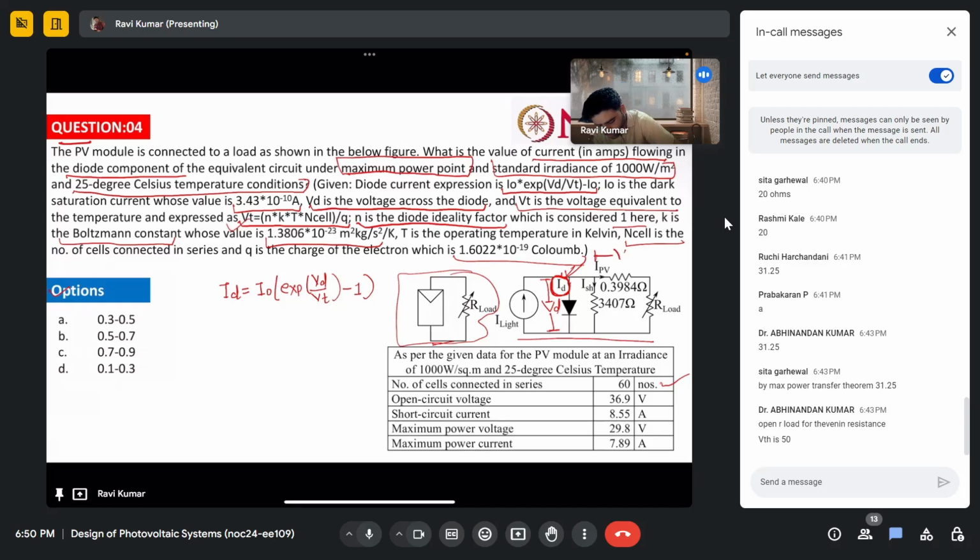This is V across RS and this is our V. So VD will be equal to V plus V across RS.